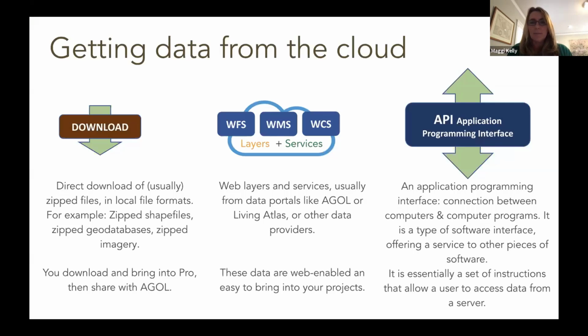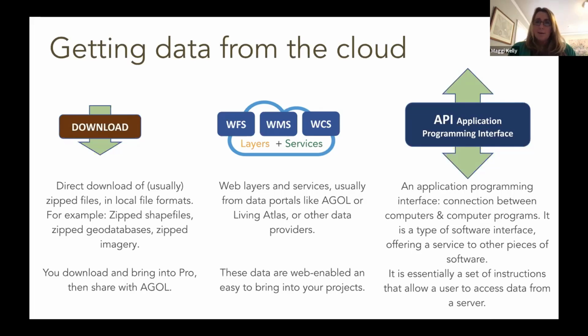Another thing I want to say before we start is, where does data come from when we're doing this? Typically, as you'll see in the workshop, it can come from a range of sources, but typically it's one of these three things. It's either downloaded directly from somebody's repo that they've created, where they say, click here for this shapefile, and you get a shapefile that's zipped.